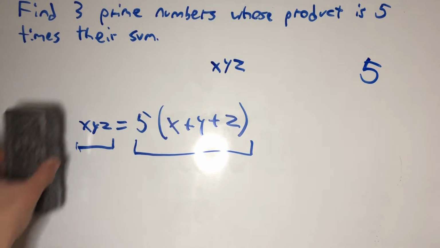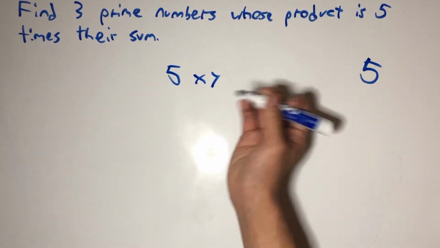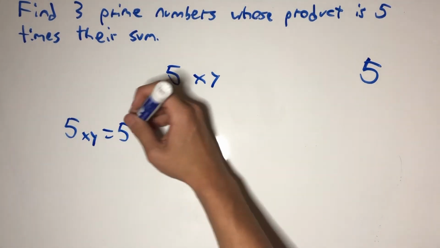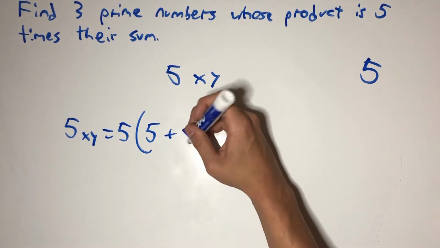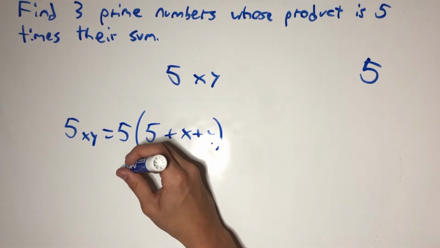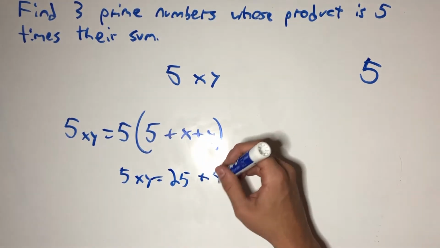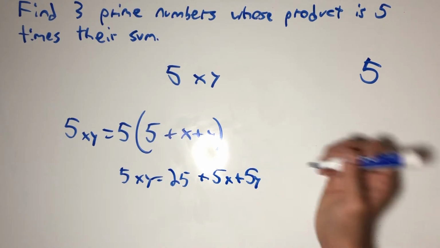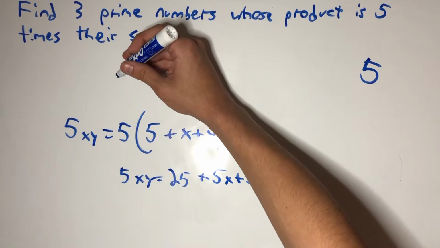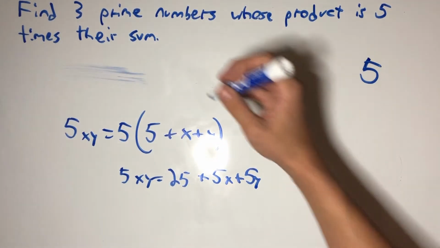Now, we can rewrite this whole equation in terms of 5, x, and y. So we have their product, 5xy, is equal to 5 times their sum, 5 plus x plus y. Okay, now we can simplify this a little bit. 5xy equals 25 plus 5x plus 5y. Now, rearranging this a little bit, actually, no, I'm going to add them to the other side.